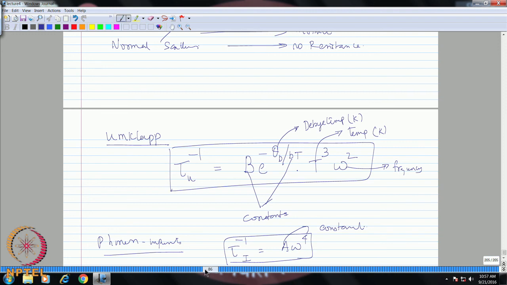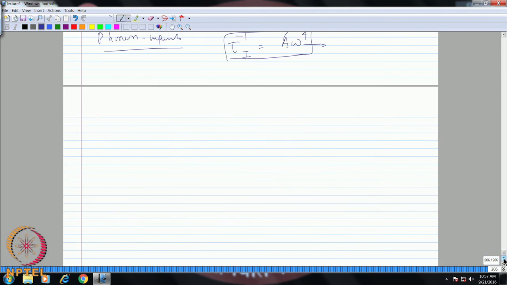In Rayleigh scattering also we have a fourth power dependence on frequency. The sky color is blue because the higher the frequency, the greater the probability of scattering. So, this is similar to your Rayleigh scattering modes, and that is why we have a fourth power dependence on frequency.